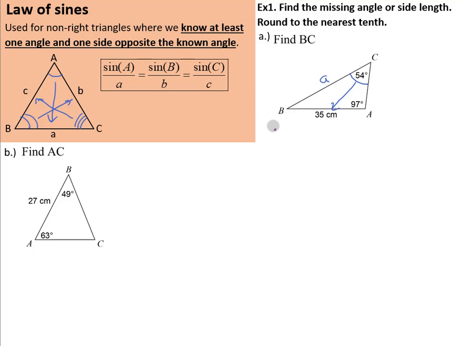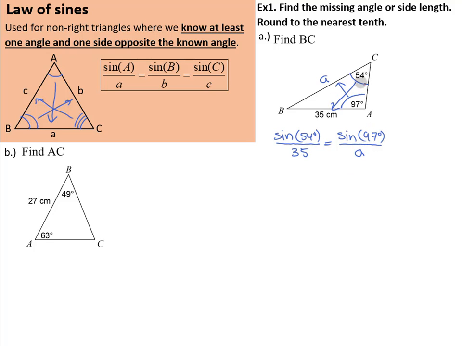So here we can say, and it doesn't really matter if you follow this exact format, we can set up this ratio. The sine of our angle, 54 degrees, is to its opposite side, 35, as, here's the angle opposite the side we want, 97 degrees, so the sine of 97 degrees is to the missing length A.